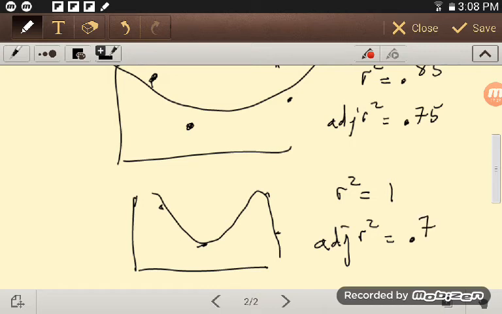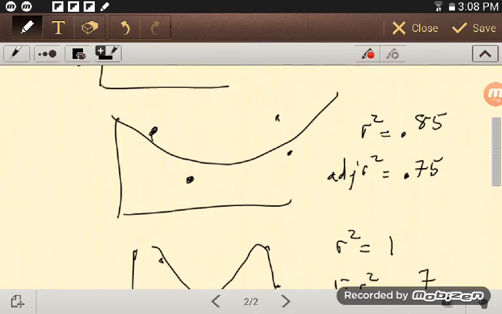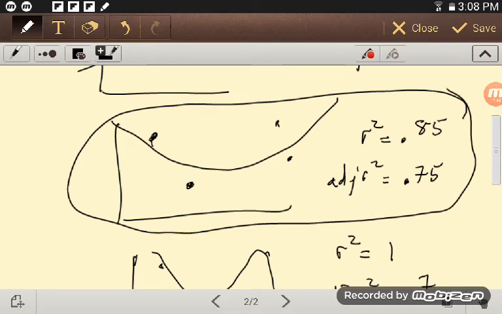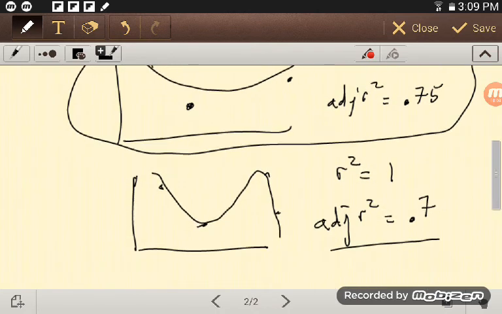In which case we see by adding that parameter of the x cubed column, we actually lost some ground on the adjusted R-squared, and therefore we probably would want to pick the quadratic. Again, we need more information to really know, but just based on the adjusted R-squareds and so forth, I probably would go with the quadratic in this case because it had the highest adjusted R-squared.